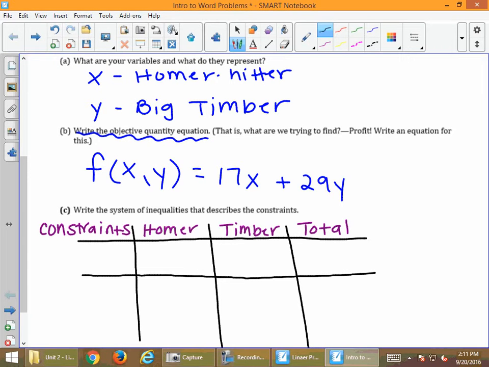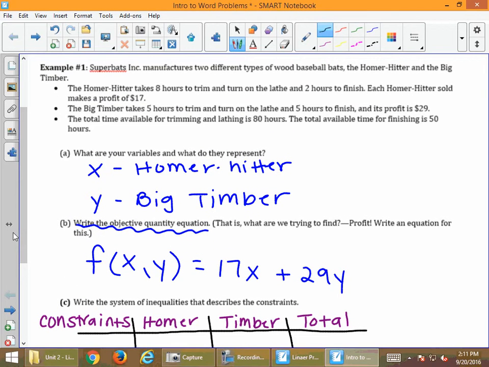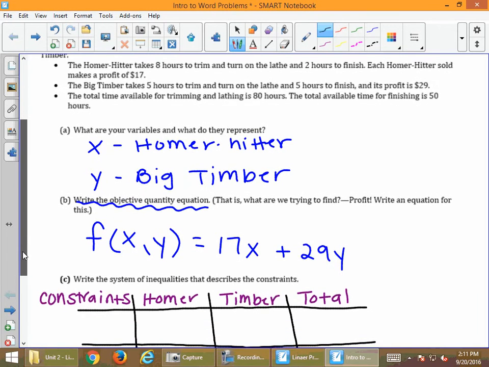Your constraints are what's limiting you. So then you have to go back into your word problem and figure that out. What is limiting your production? If you're reading through, what's giving you a limit so you can't just make as many things as you want to make? Yeah, the hours. Hours to do what?